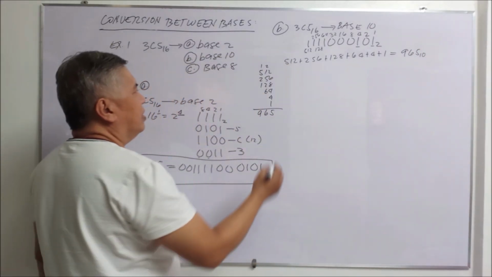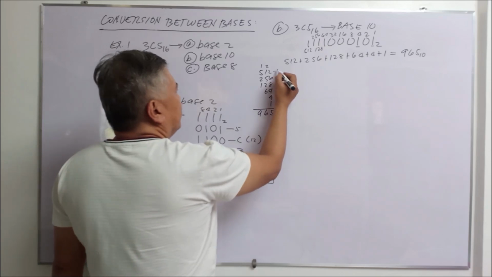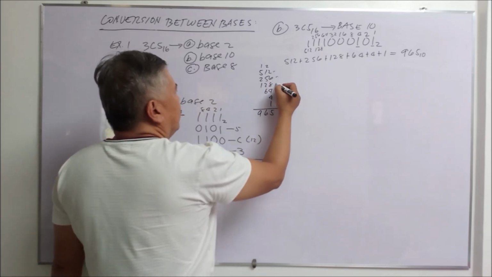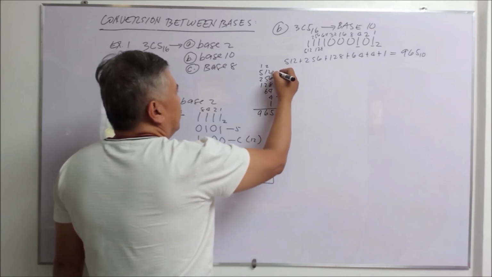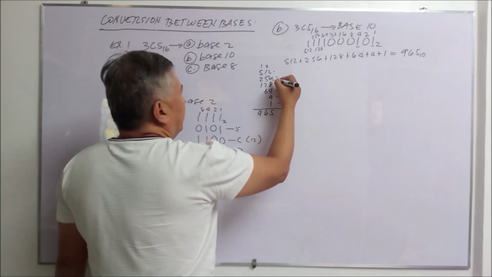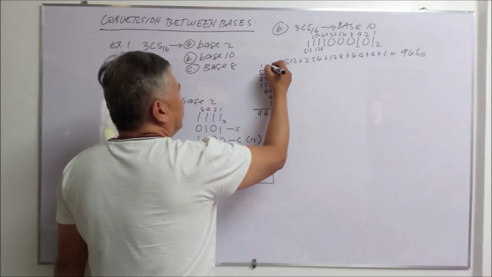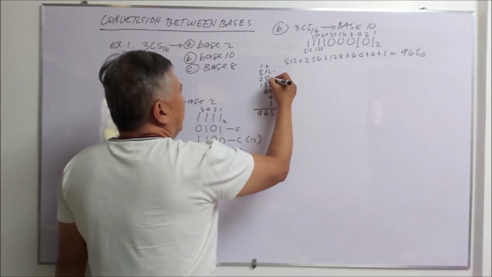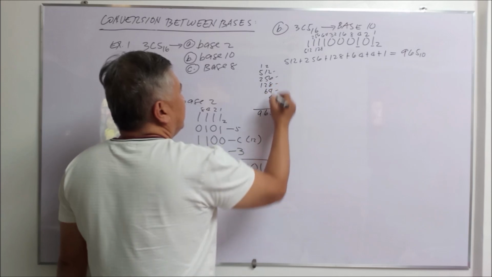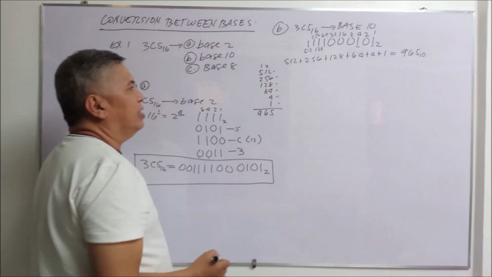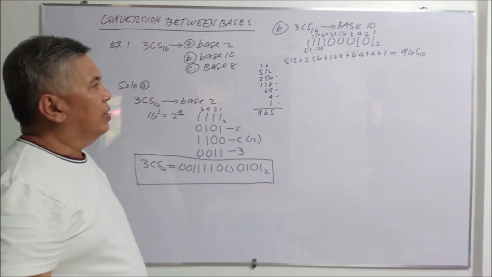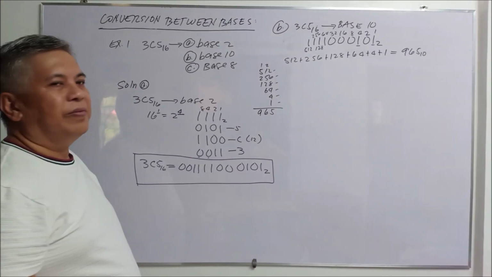Is it correct? Let's check. 512, 256, 128, 64, 4, and 1. You have 2 plus 8, 10, 20, 25. 2, 3, 8, 10, 16. Carry 1, 6, 8, 9. So 965 of base 10.